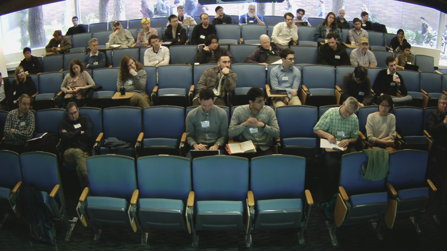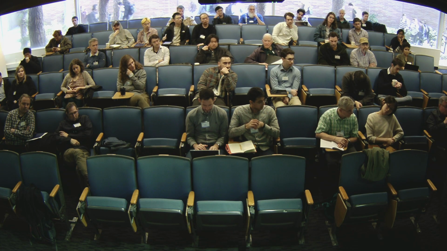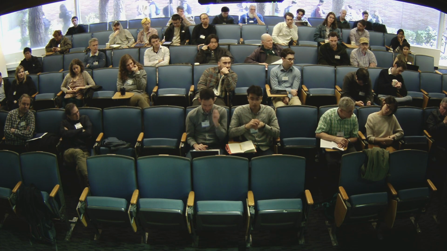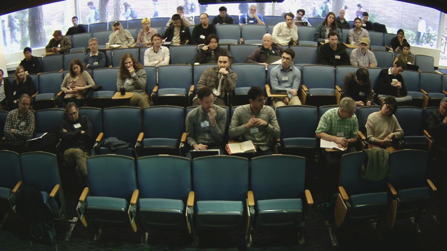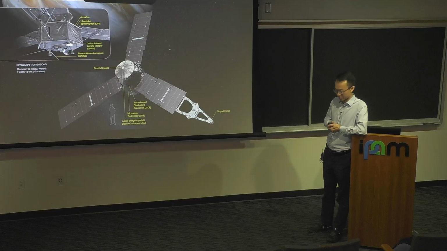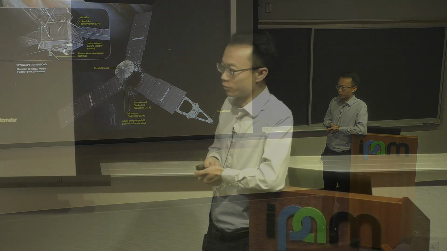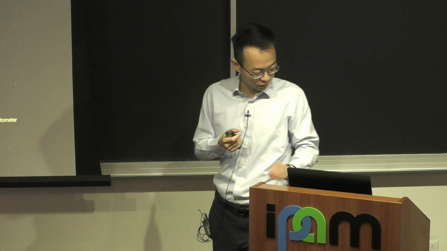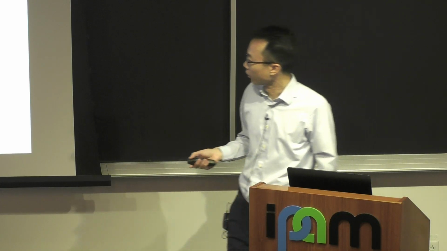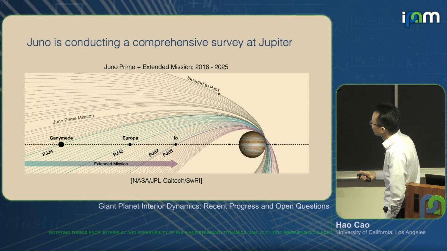I was just curious, proposals for extended missions aside, how long can this thing hang out up there before there's a problem? So far, everything is healthy, and the radiation dosage is smaller than we expected. One of the dangers we have to worry about is that as the orbit precesses, we'll start to run into the rings of Jupiter in the equatorial region.